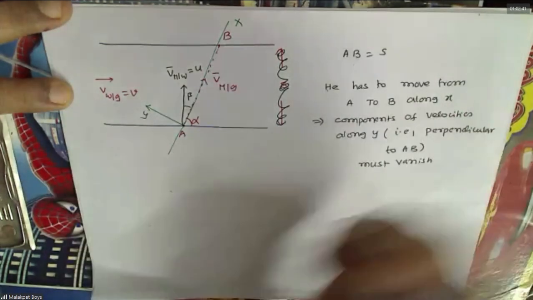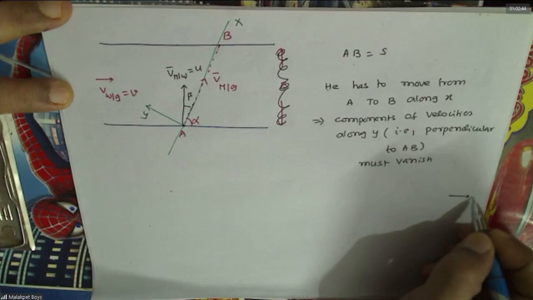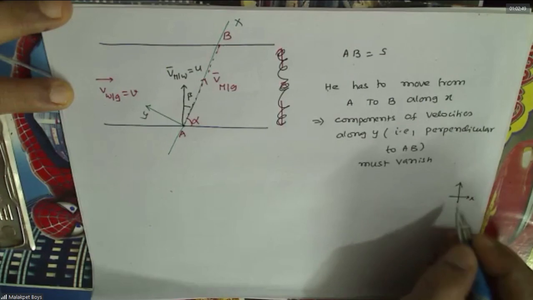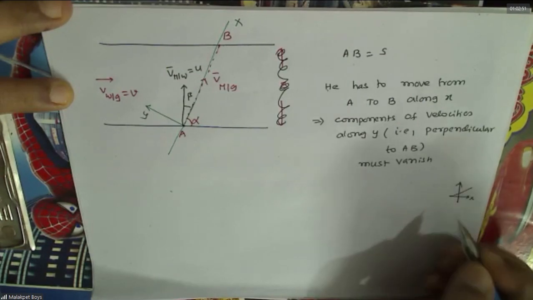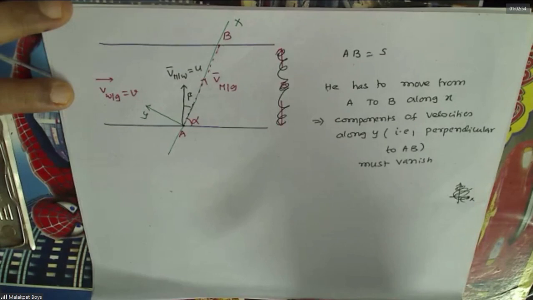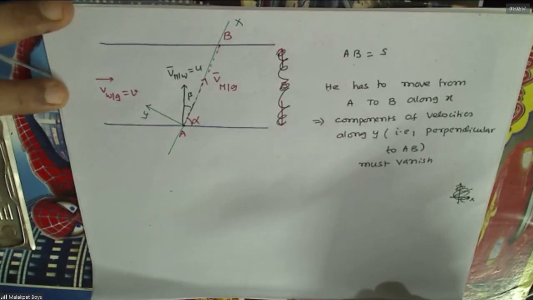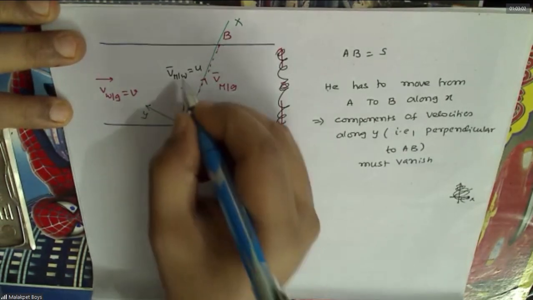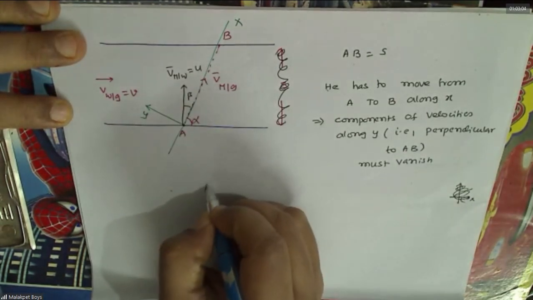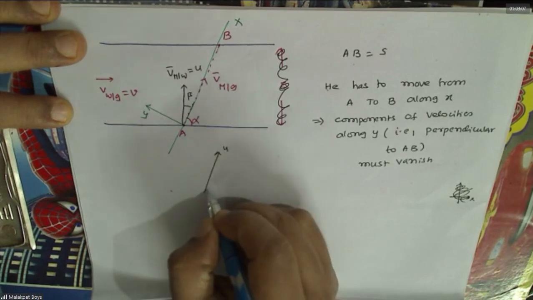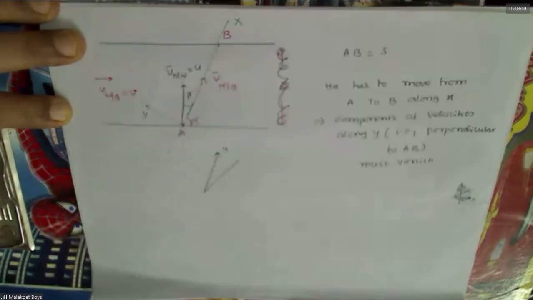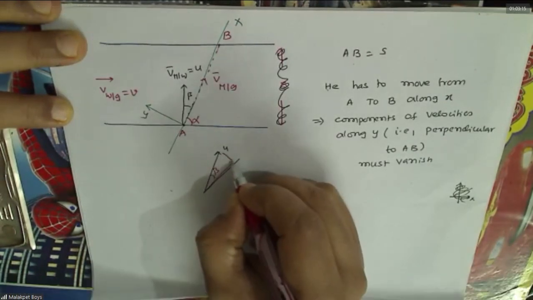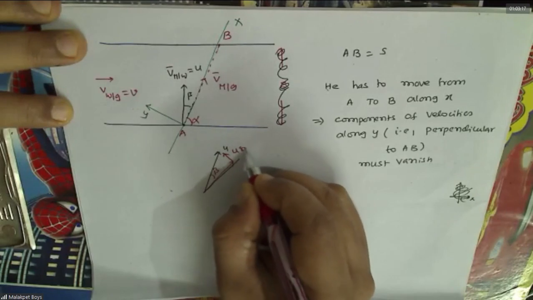See, you want to move only along the x-axis, so there should not be any component in the y direction. Suppose there is a component in that direction, you cannot move along AB because that will pull you out. Understood? Now you can see what the component of this is. This is U, this is the x-axis. This has two components. This is beta. This is the x component. This is the y component. What is the y component?